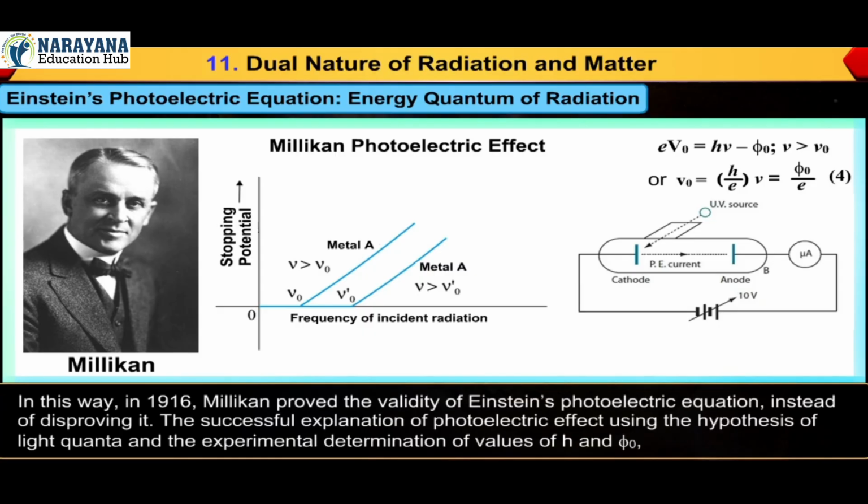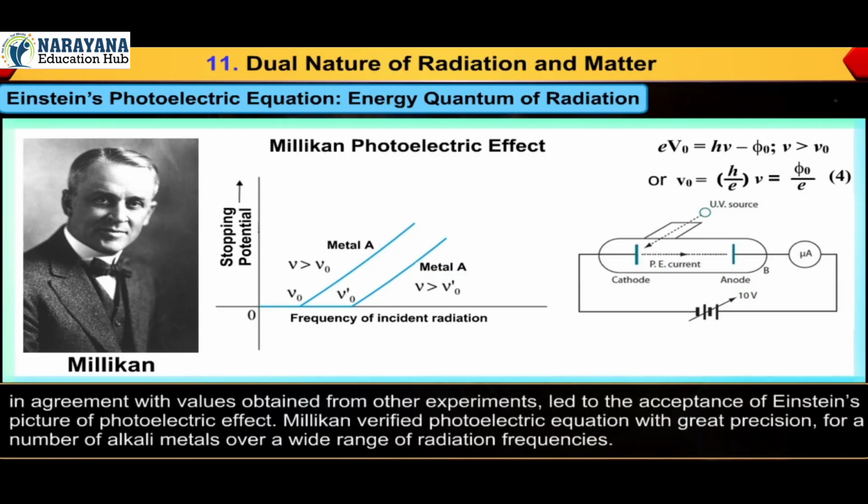In this way, in 1916, Millikan proved the validity of Einstein's photoelectric equation instead of disproving it. The successful explanation of the photoelectric effect using the hypothesis of light quanta, and the experimental determination of values of h and phi 0 in agreement with values obtained from other experiments, led to the acceptance of Einstein's picture of the photoelectric effect.